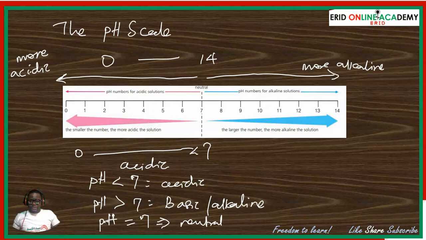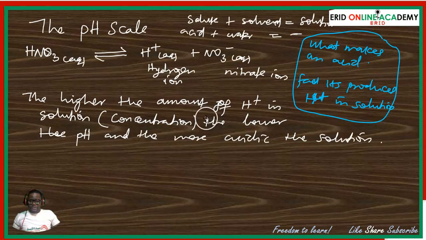So the more acidic the substance is, the more hydrogen ion in solution you would expect. So if the hydrogen ion in solution increases, then the concentration of hydrogen ion will increase, the more acidic the substance will become, and the lower the pH on the pH scale. It seems to be somewhat opposite, but it's important that you get that.